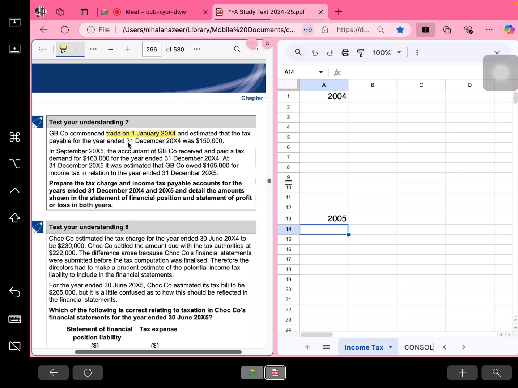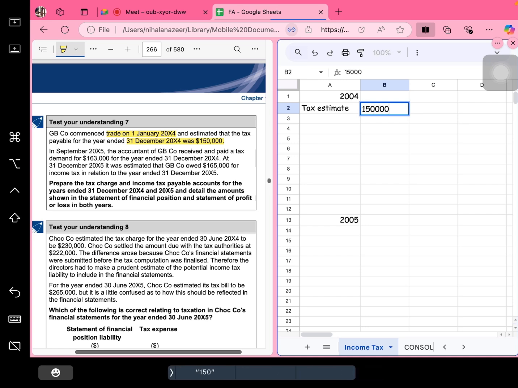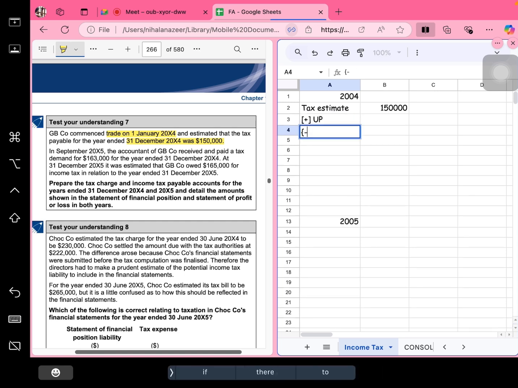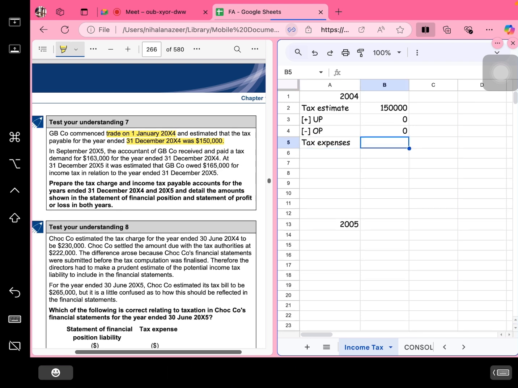And they have already estimated the tax to be 150,000 last year, clear? So last year, according to the format, tax estimate is how much? 150,000. Is there any under or over provision in the question? No, right? So add under provision and deduct over provision. Clear? And both are nil. Hence the tax expense during the year is how much? 150,000 itself. Clear, no?